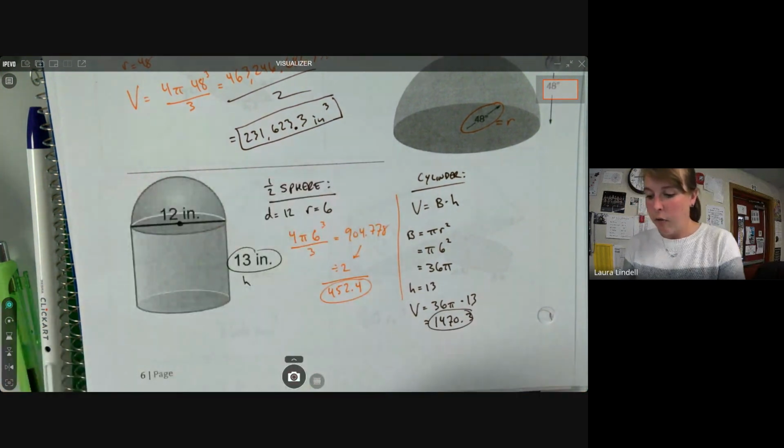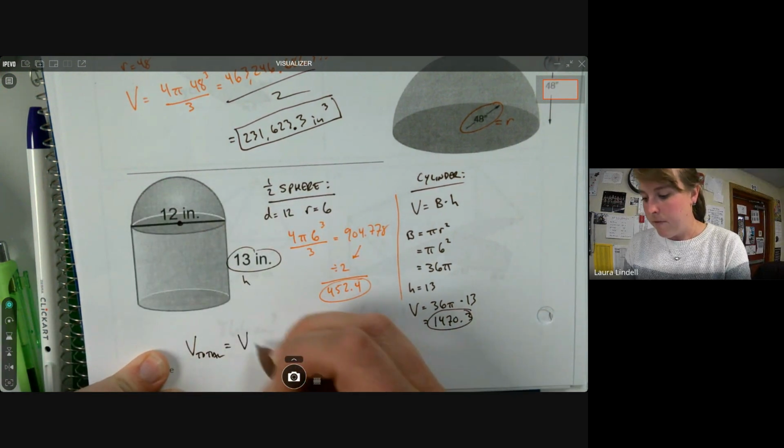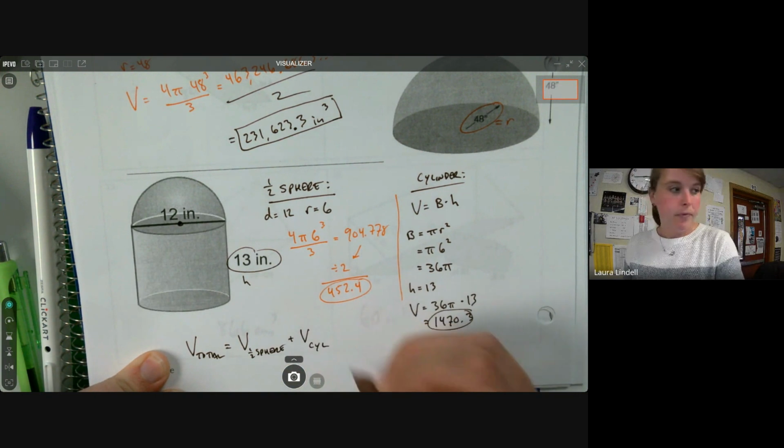Now for the volume of the whole thing, so like the total. That's going to be the volume of the half sphere plus the volume of the cylinder.